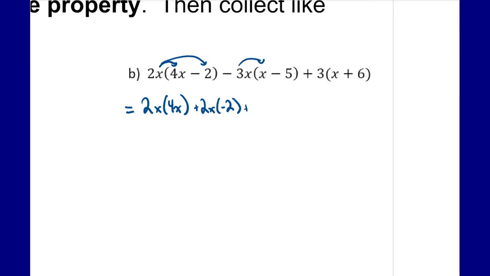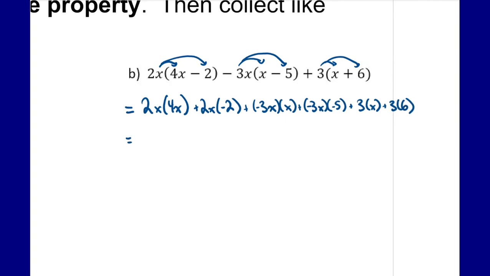So we're going to add negative 3x times x. And we're going to add negative 3x times negative 5. And then we're going to add 3 times x, and then 3 times 6.